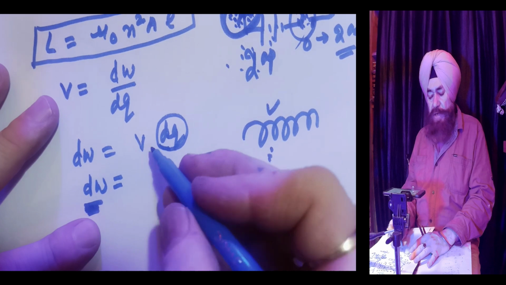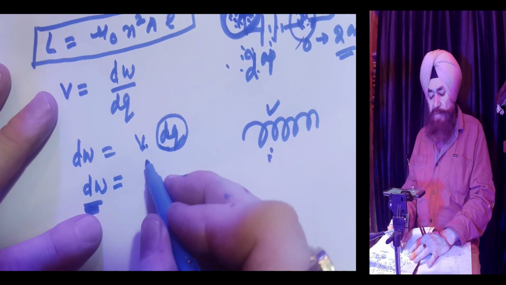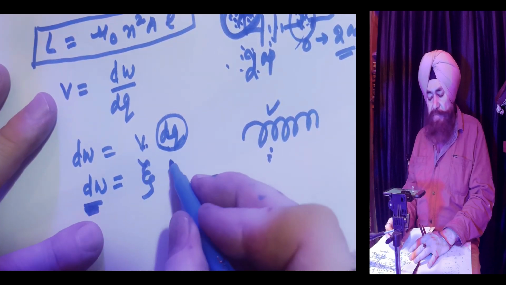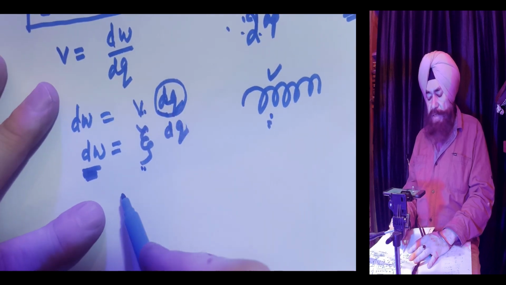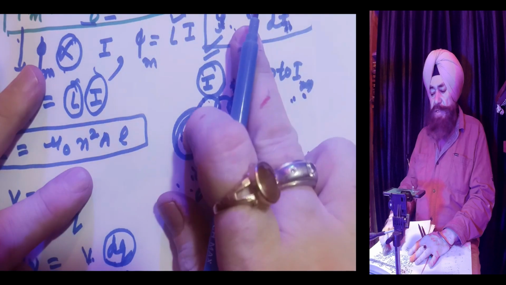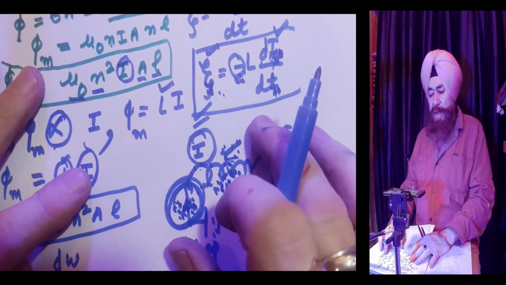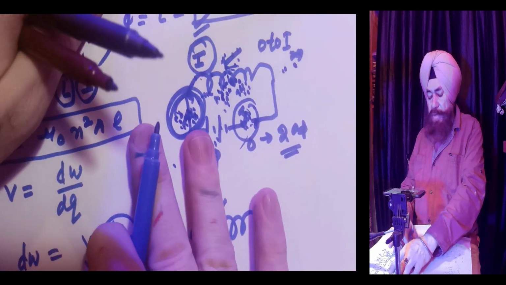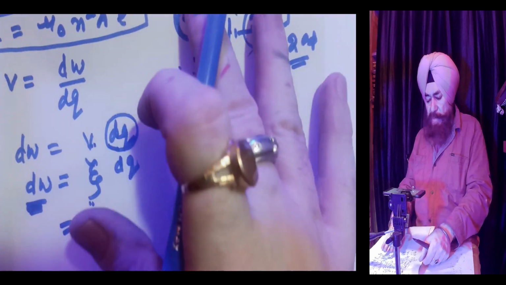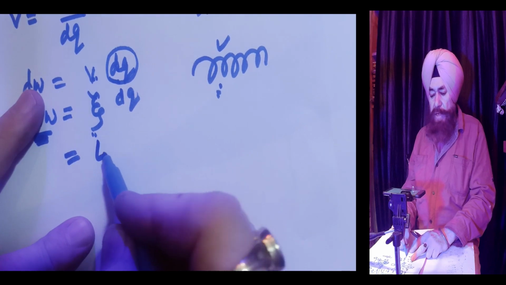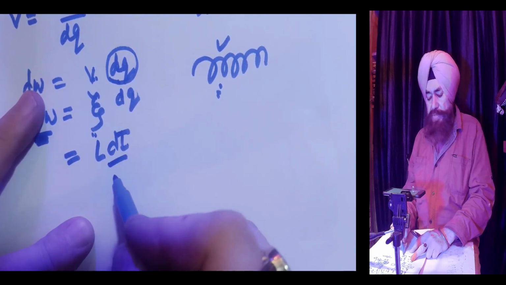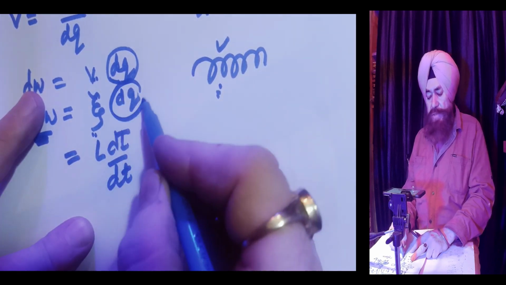So what is the work done? This voltage here means induced voltage, and charge. What is the induced voltage? Just here, L dI by dt. So induced voltage is L dI by dt, so it is L dI by dt into charge.